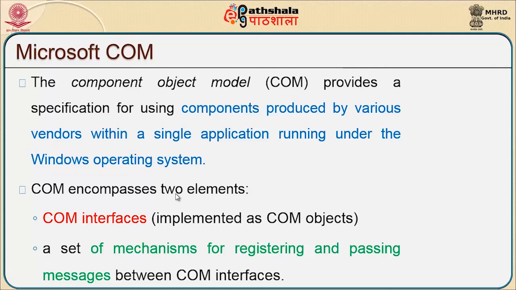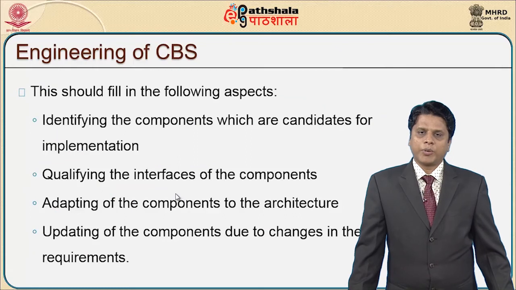So a simple application running on a specific system under the Windows operating system can have this COM, the component object model, which provides a complete spec of all the components available under that operating system. COM encompasses two components. One is the COM interface, which is implemented using COM objects, and a set of mechanisms for registering and passing messages between COM interfaces. Engineering of component based software.